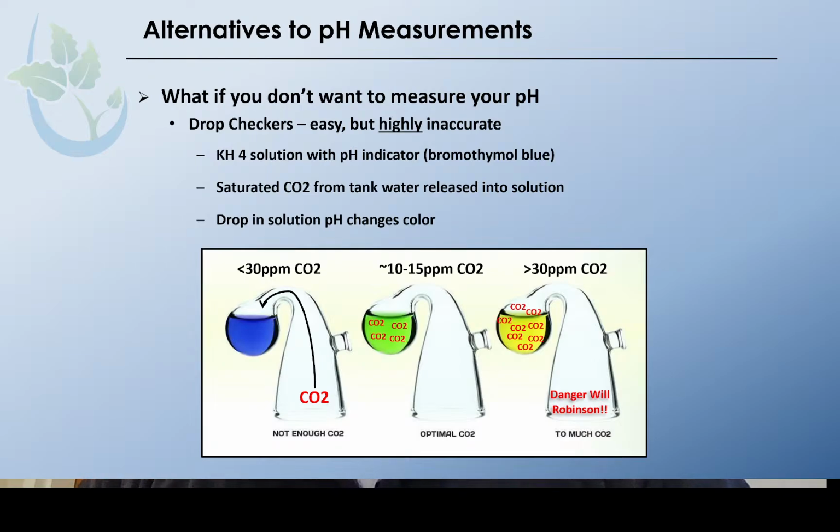For me, I walk by my tank, look at it and realize, okay, it's a little too much, I'll dial that back just a touch. This will give me an indication of whether I have enough CO2 in the tank. So this is a great way, if you're running a high-tech or CO2 tank, to go by and do a quick check. If the color looks like it's blue, then you either ran out of CO2 or there's something wrong with your CO2 system.